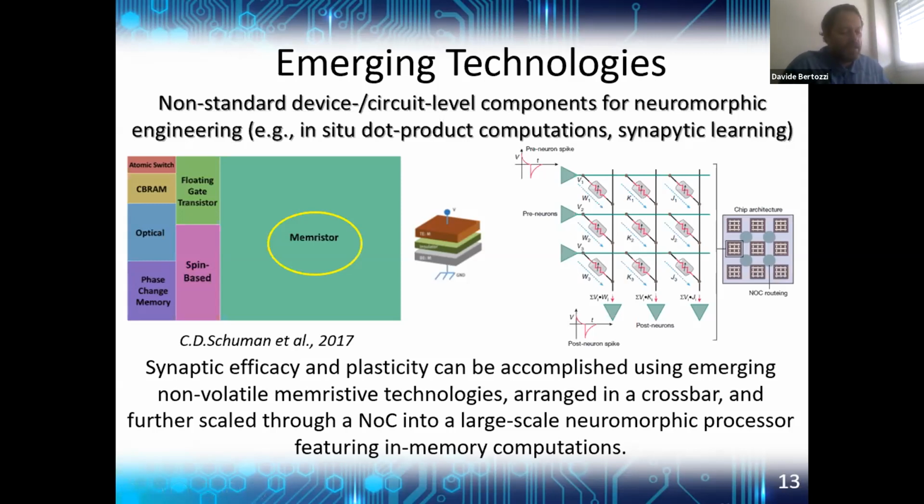You get a spike from the left-hand side, and this results in a current, and this current is proportional to the conductance of the memristive element in accordance with Ohm's law. The currents through the multiple spiking pre-neurons are summed along vertical lines, and this is a consequence of Kirchhoff's current law. So all the currents are summed along the vertical lines. This results in the in-memory dot product operation that represents synaptic efficacy.